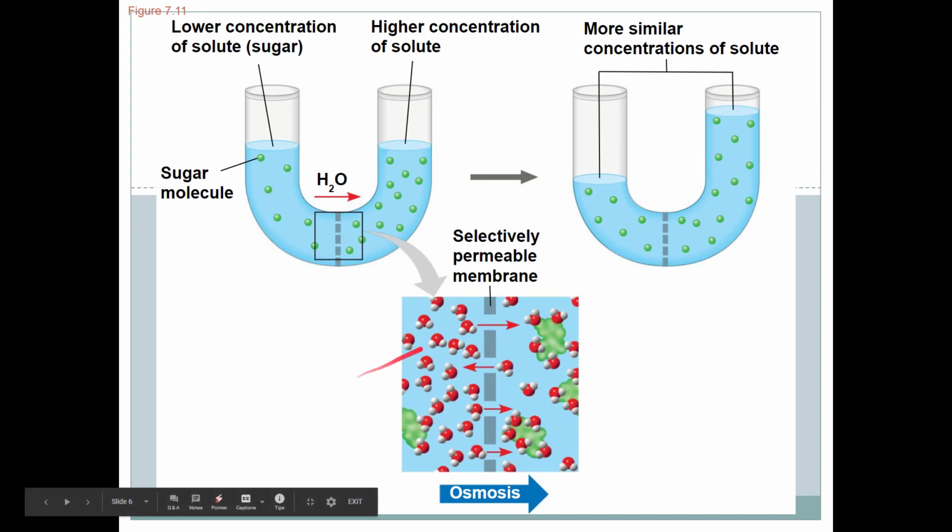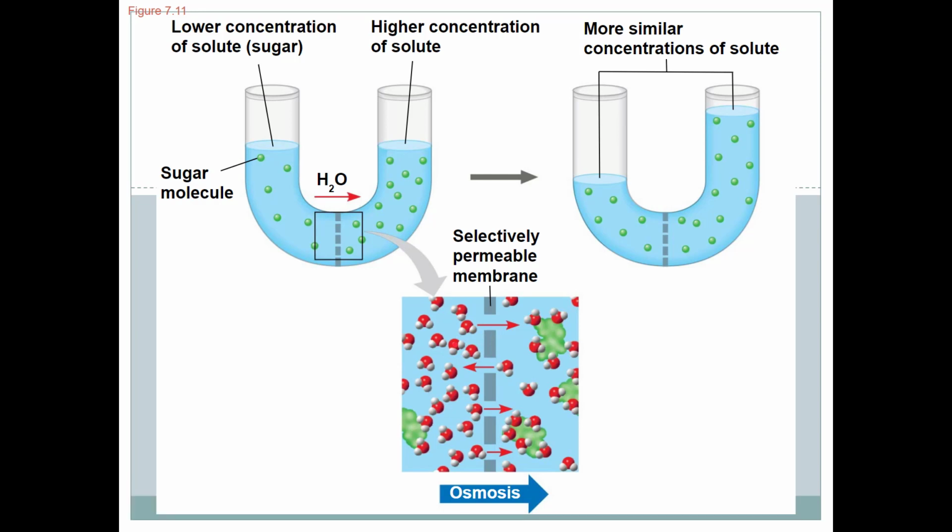Well, if we zoom in and we look at water molecules, we will notice that they too are in motion. As long as there's any energy around, they are in motion. The water molecules on the left are free to move because there's not much sugar over here. They're not stuck to that sugar. If you've learned about how water dissolves things in lecture, you'll know that water forms hydration shells around other polar substances.